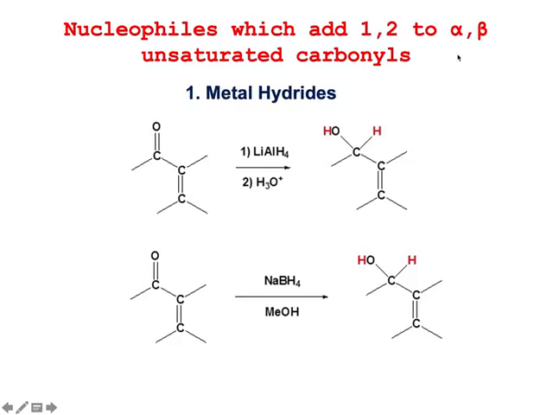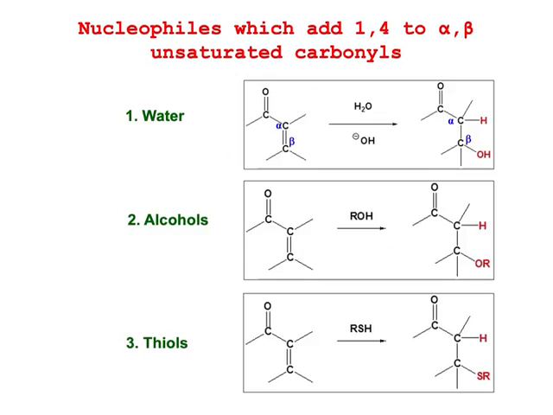Okay, this one is unsaturated carbonyl. Nucleophile which adds 1,2 to the unsaturated carbonyl, depending on the nucleophile. Okay, this one is for the 1,4 addition to alpha beta unsaturated carbonyl.